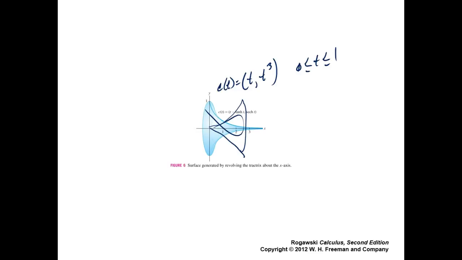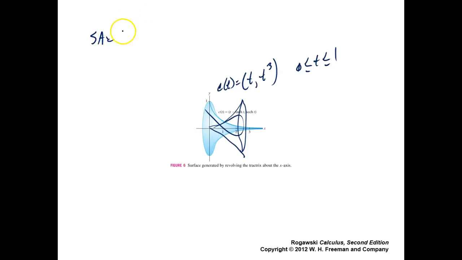Now, calculate the surface area of the surface obtained by rotating this parametric curve around the x-axis for t 0 less than or equal to t less than or equal to 1. Surface area appears in the figure in the book, kind of represented here, okay? So, what would be that surface area?